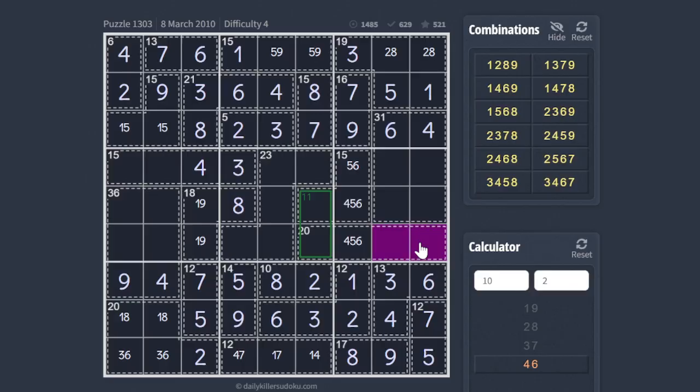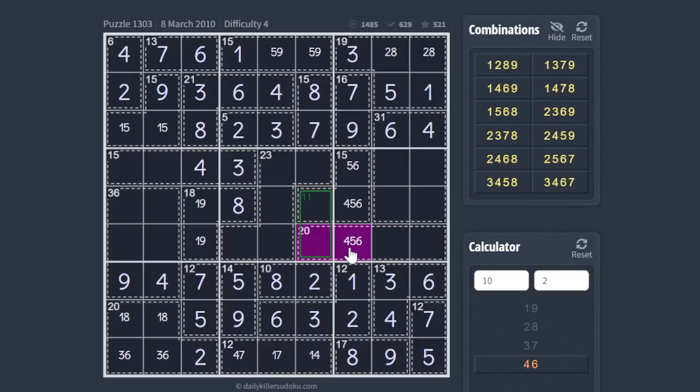That forces this to be a 9. So in this 20 cage, this is a pseudo 9 cage, and this is a pseudo 11 cage. So in row 6, columns 8 and 9, we have this pseudo 9 cage. And in row 6, columns 6 and 7, we have a pseudo 11 cage. And where do we go from here?